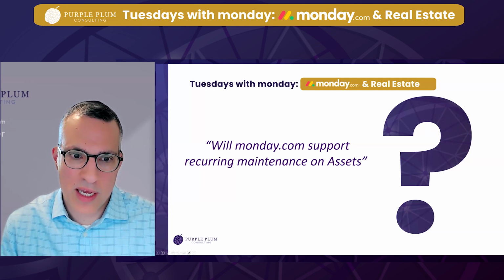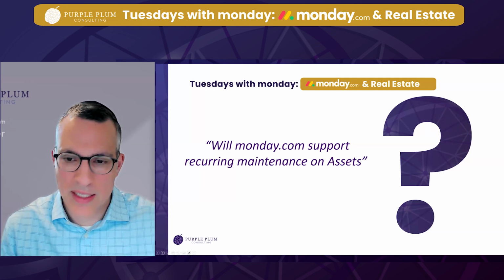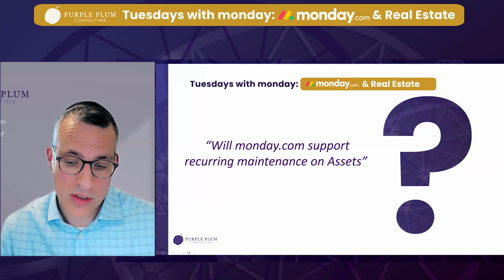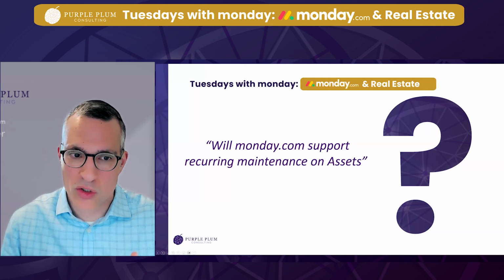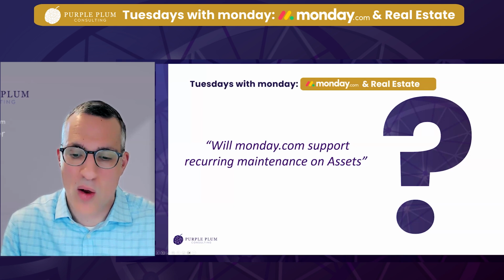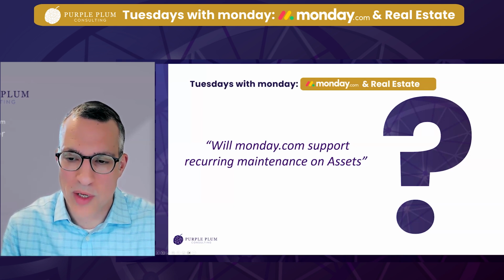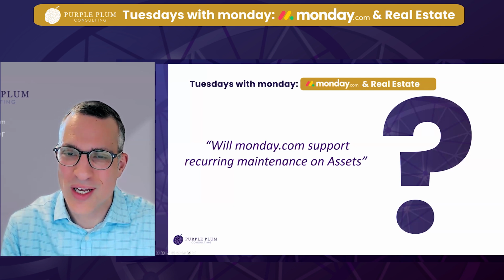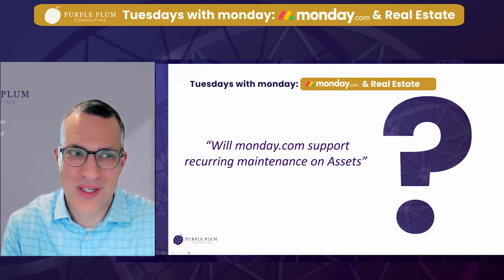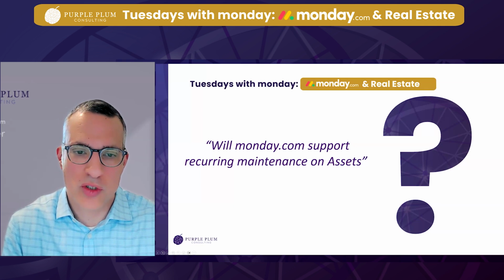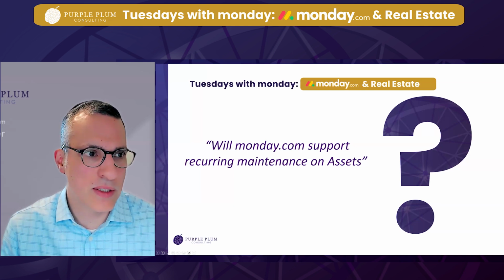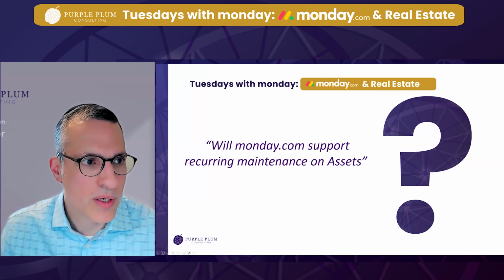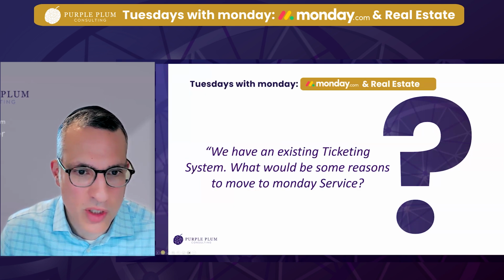We can have tasks show up when a maintenance status is about to change. So for example, if we're 30 days out from a warranty expiration, we can trigger a recurring maintenance status. And that way, as I mentioned earlier, we can make sure we don't run into any issues after the warranty window ends. So lots of options to support what I call one-time or recurring maintenance requests. So that was that question. Jump to the next one.